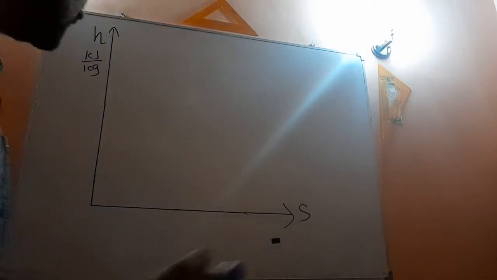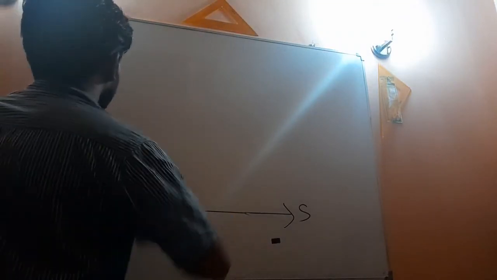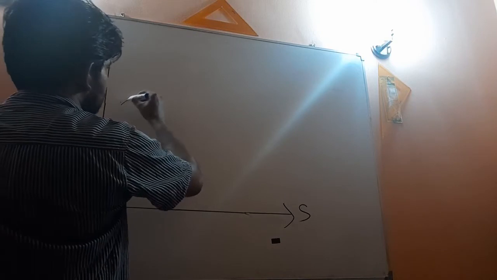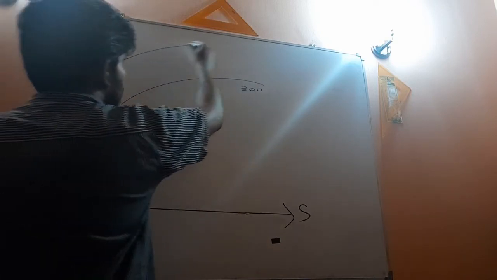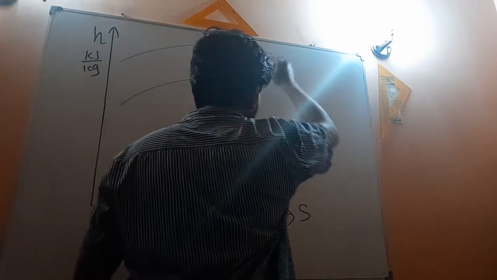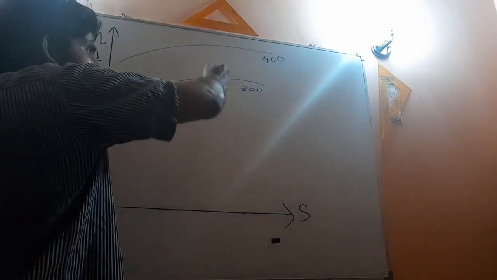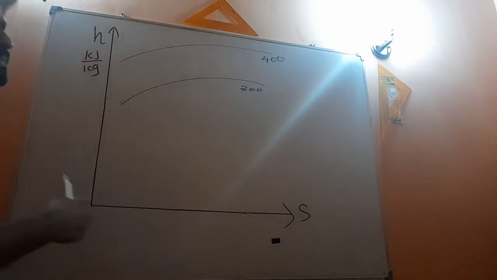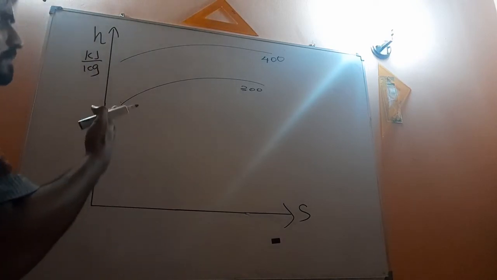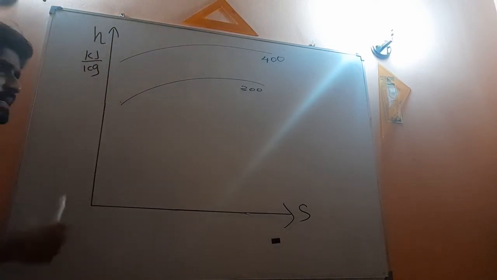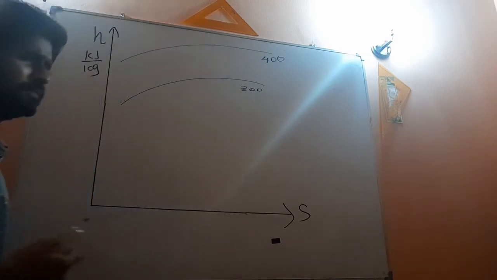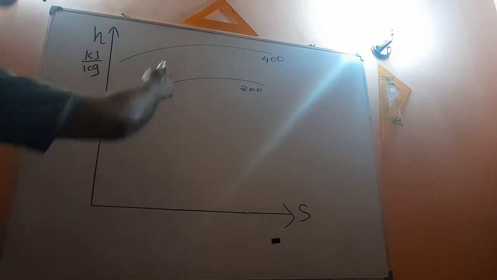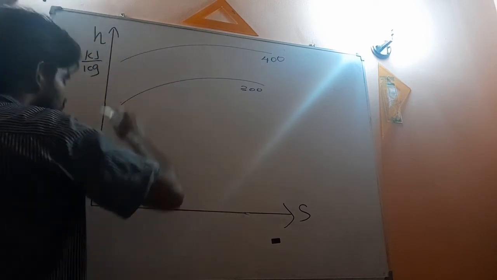I told you there are temperature lines. We have the 300 degrees Celsius line, and after that the 400 degrees Celsius line. In between 300 and 400 there are 5 subdivisions, where each subdivision has a range of 20 degrees Celsius.